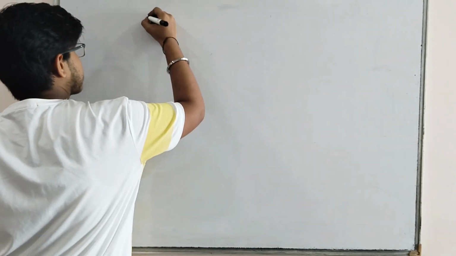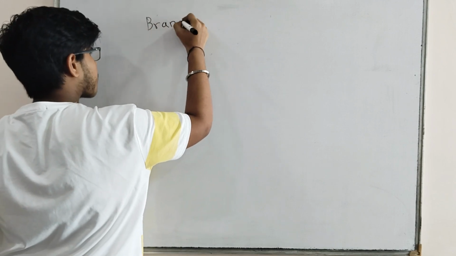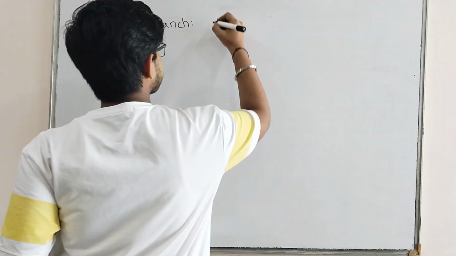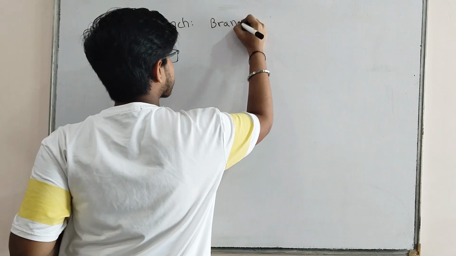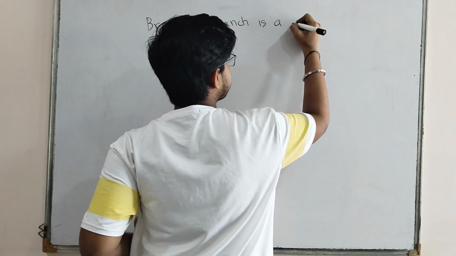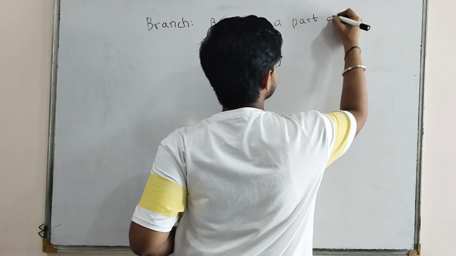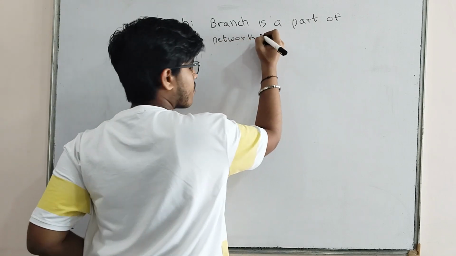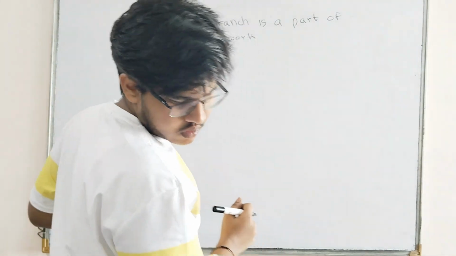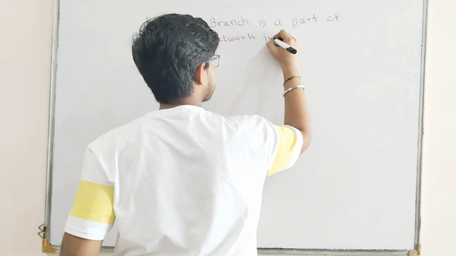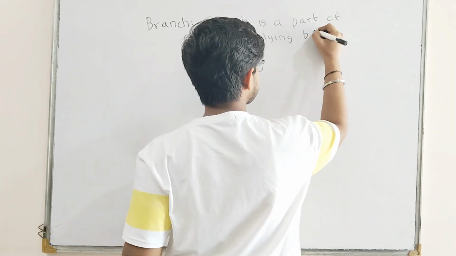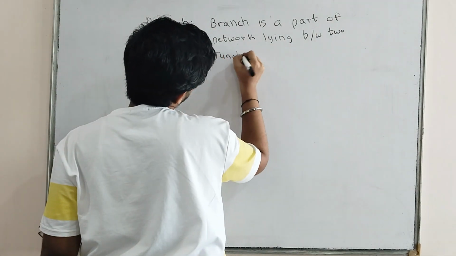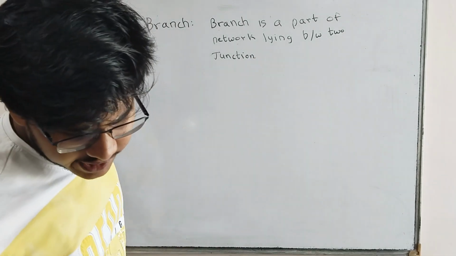Next is branches. A branch is a part of a network lying between two junctions. Next is loops.